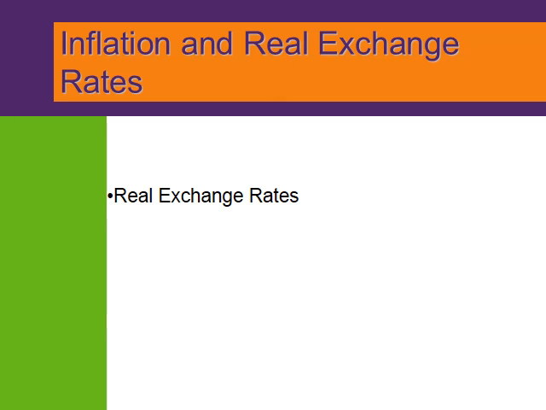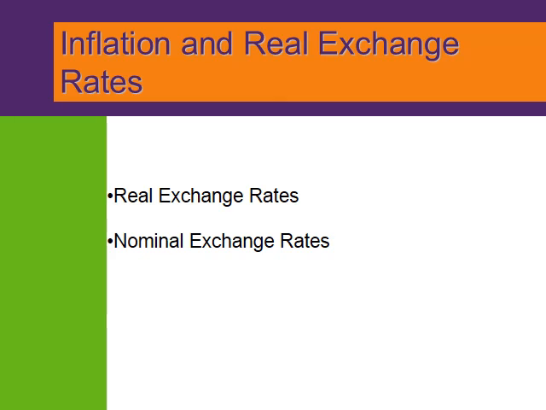Suppose that the exchange rate we've been looking at is the number of Mexican pesos per US dollar. The real exchange rate between the Mexican peso and the US dollar will be Mexican pesos per US dollar times the price level in the US divided by the price level in Mexico.